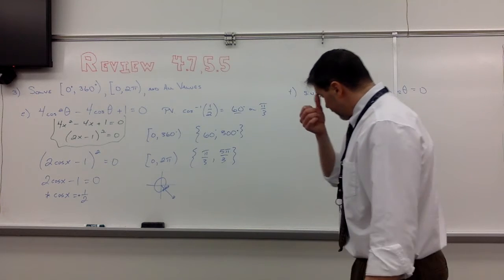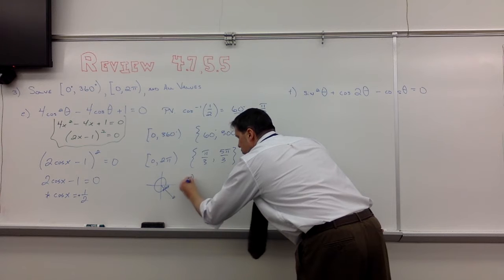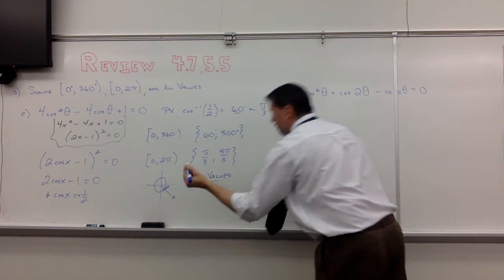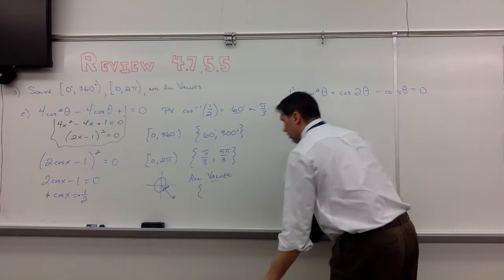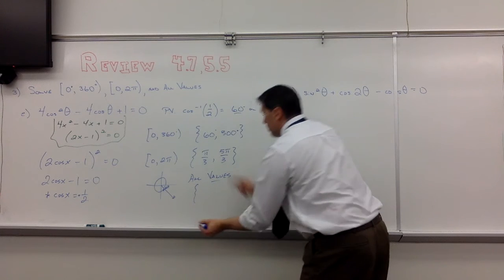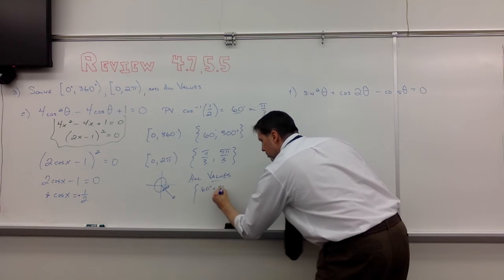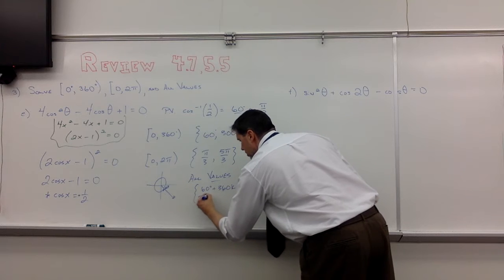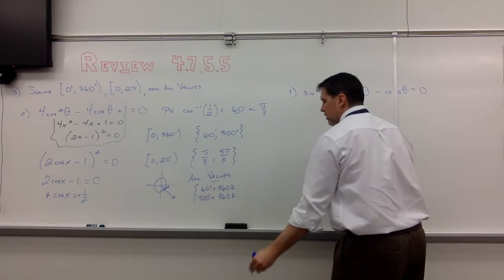As far as fancy methods, not seeing it. So we go to all values. Again, the all values a lot of times is just mechanical. Here we go. So what do we got? We got ourselves a 60, and all angles coterminal with a 60, plus 360k, we got 300, plus all angles coterminal with 300.